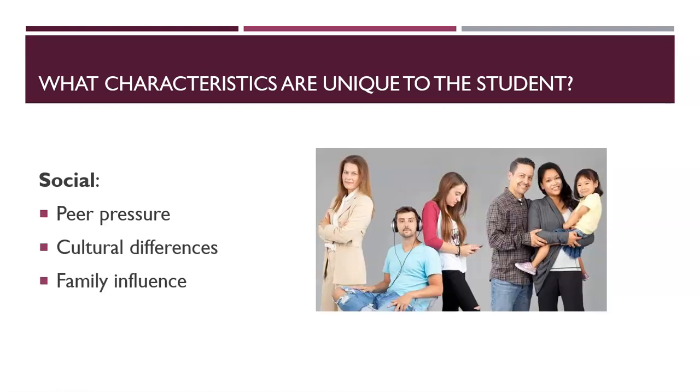Now, for social characteristics, we also have to consider peer pressure as a motivating operation. Does a student feel like there is a certain perception? Does the student engage in behavior simply because they feel like there is a social pressure to be quote-unquote cool, to be a quote-unquote bad boy or bad girl?